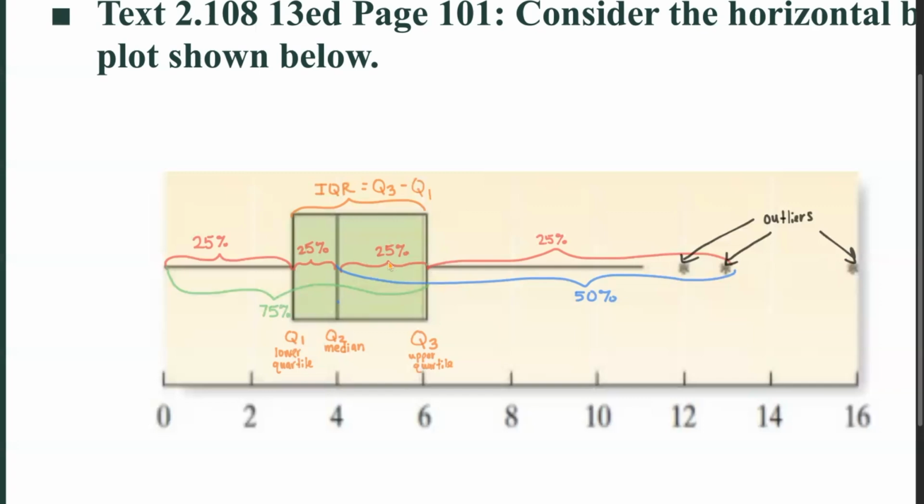So here, it's clear that it's not symmetric. And why it's not symmetric is because if we were to look at each 25% chunk, they're not all the same length. So we know that it doesn't look symmetric.